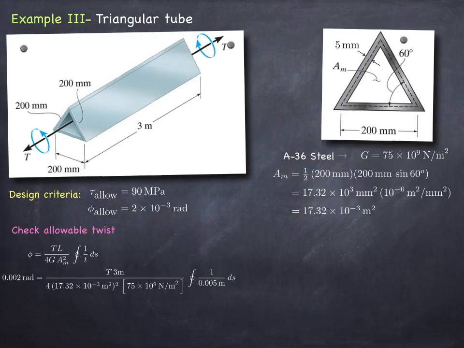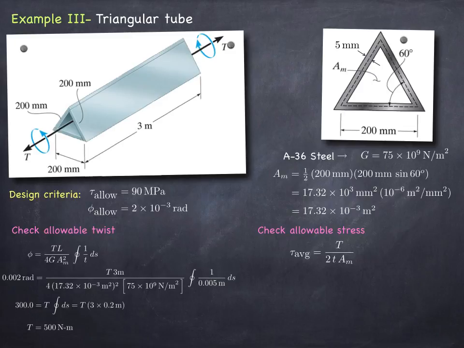So all we have to do is just carry out the little algebra in front of the integral, and the integral itself is merely the circumference of the triangle, which is 3 times 200 millimeters, or 0.6 meters. From this, we can compute the torque to be 500 Newton meters. So if we apply this much torque, then the relative twist between the two faces of this shaft will be 0.002 radians.